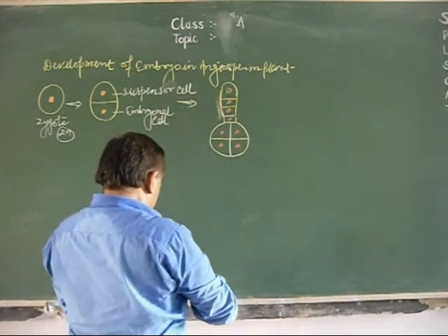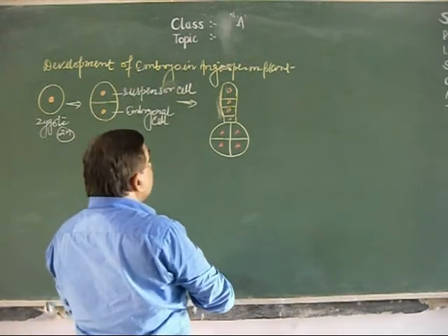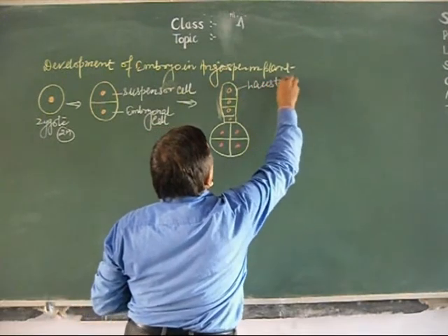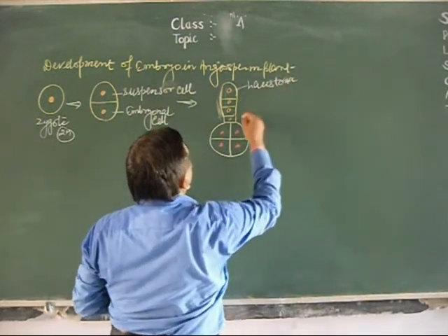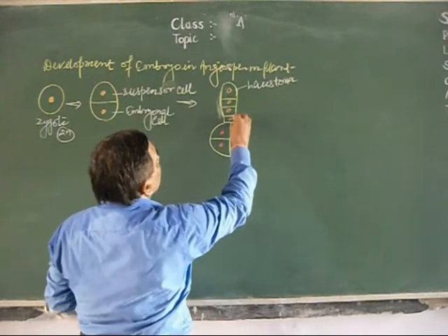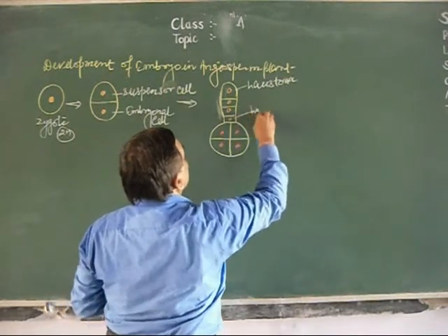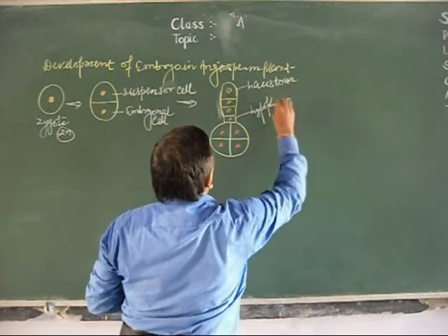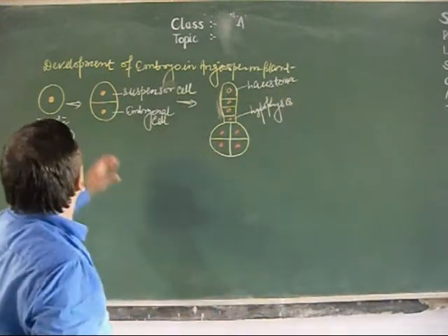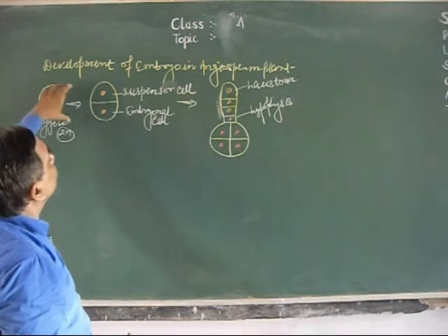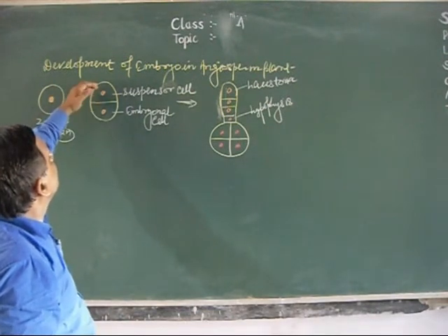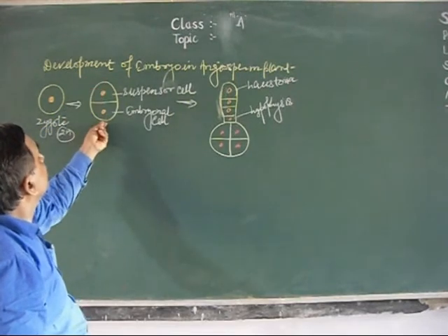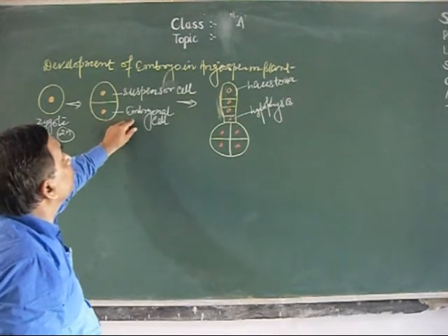Now this terminal cell is called as haustoria, and this cell which is present near the embryonal cell, that is called as hypophysis. So here zygote undergo cleavage from two cells. The cell present toward the micropyle suspensor cell, the cell present away from micropyle, that is embryonal cell.